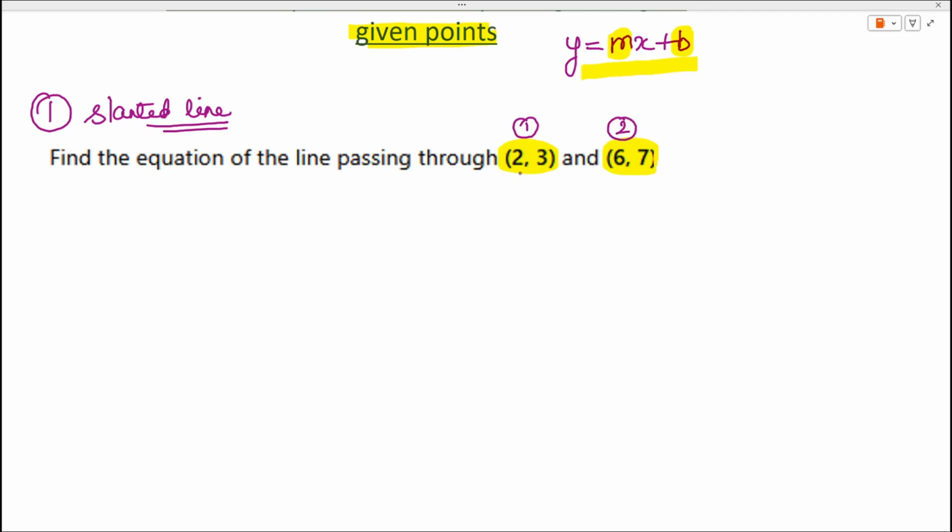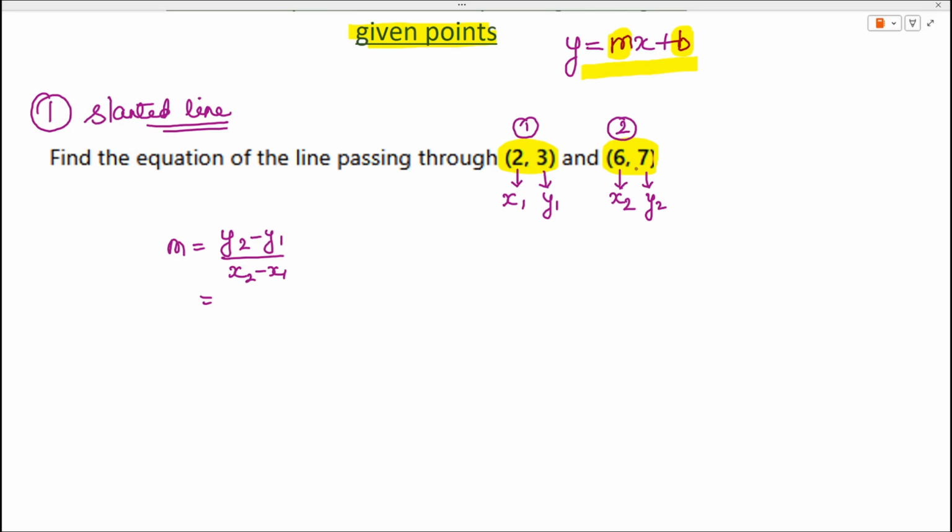For point number 1, the x coordinate can be written as x1 and the y coordinate as y1. For point number 2, the x coordinate can be written as x2 and the y coordinate as y2. Now we'll find the slope first. Slope is equal to y2 minus y1 over x2 minus x1.